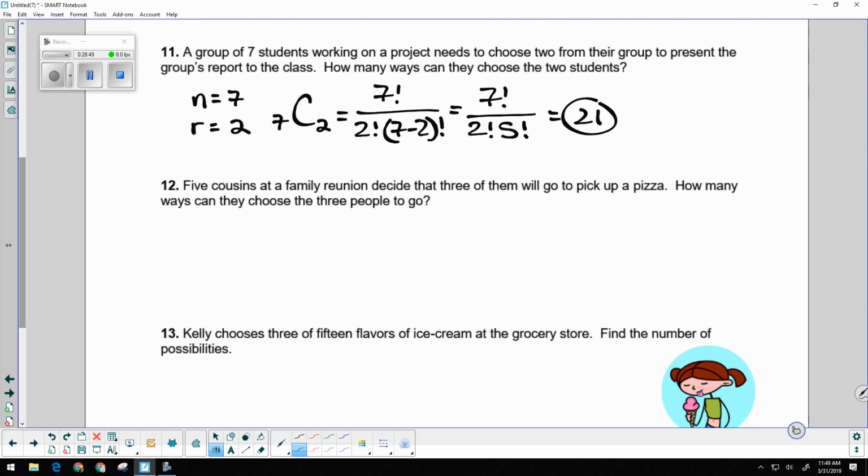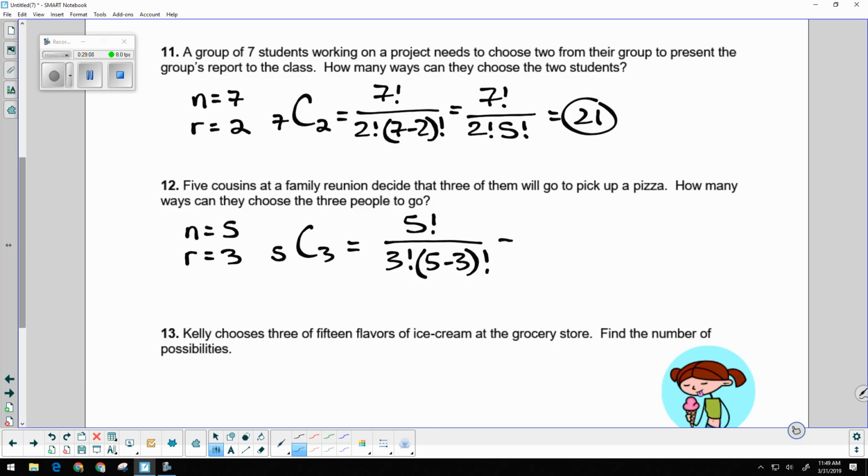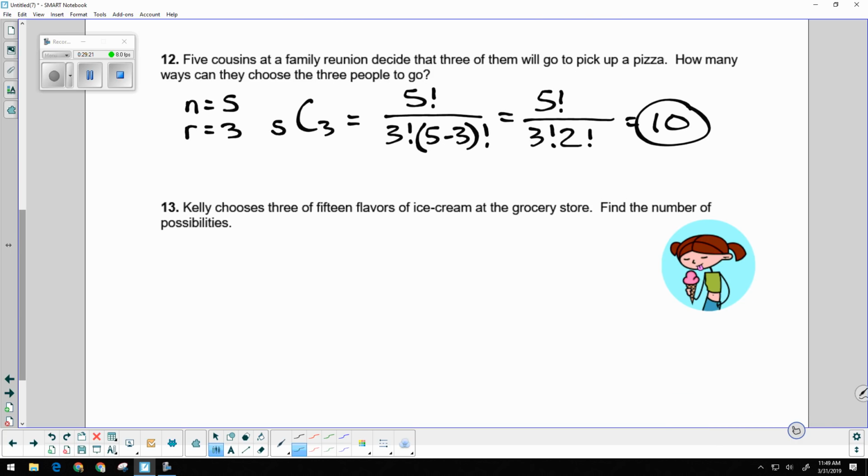In number 12, n is equal to 5, r is equal to 3. 3 of them are going to get the pizza. So it looks like this, 5C3, 5 factorial over 3 factorial times 5 minus 3 factorial. And you get 10. And then finally, Kelly and the ice cream, 15 flavors, so n is 15.